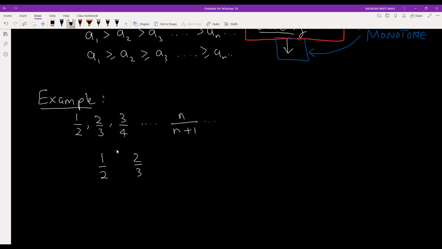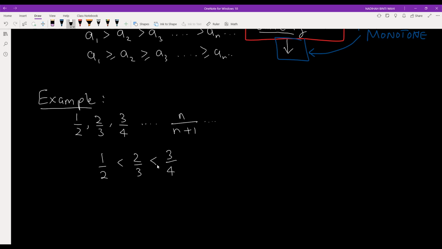This is half, and this is 0.6666. So this one is bigger than that one. 2/3 versus 3/4: 0.6666 versus 0.75.